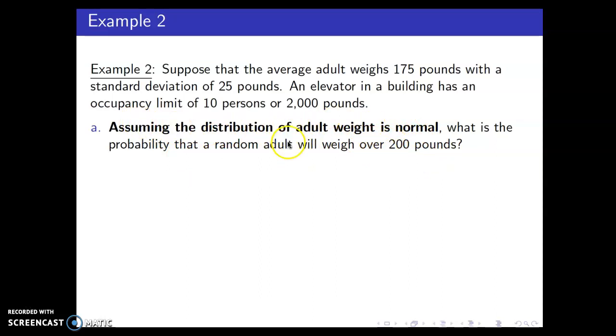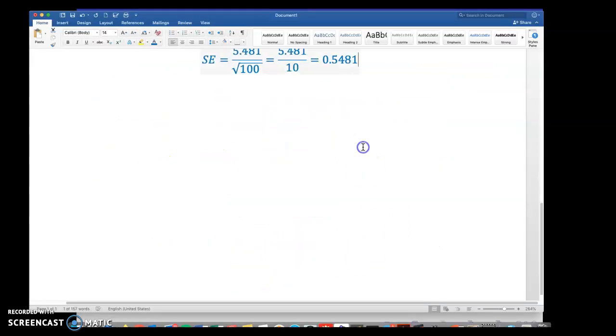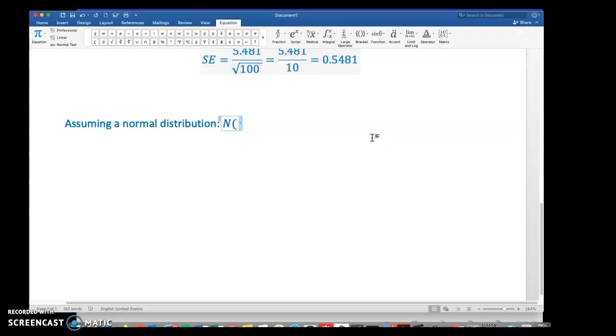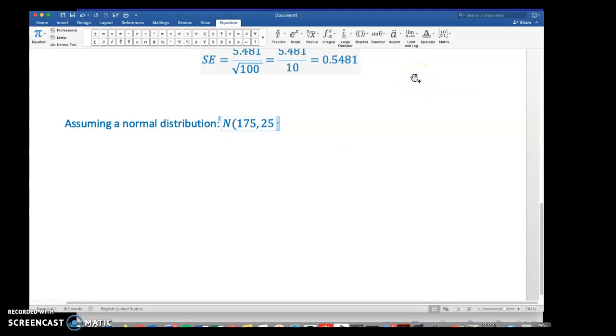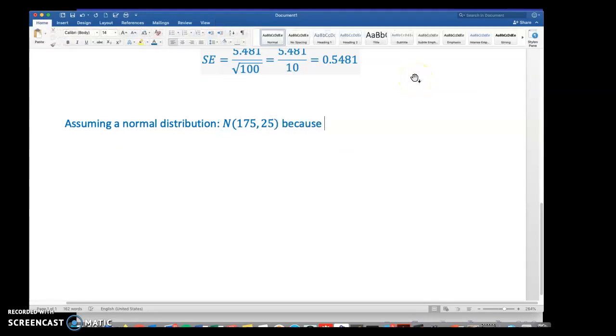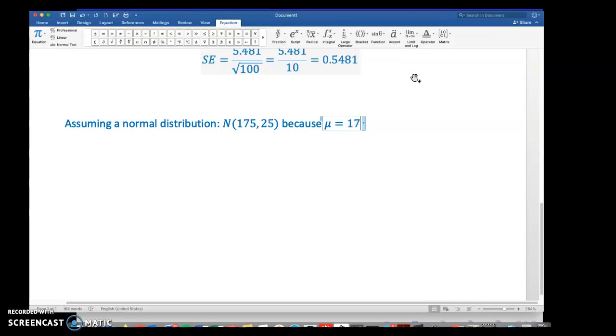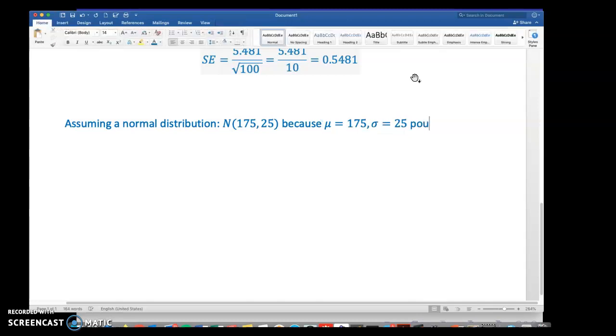So we're assuming a normal distribution. I'm going to write some stuff down. The center, the mean, is 175 pounds, and the standard deviation is 25 pounds.